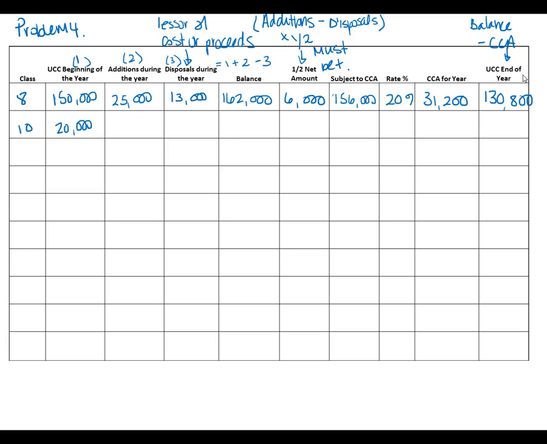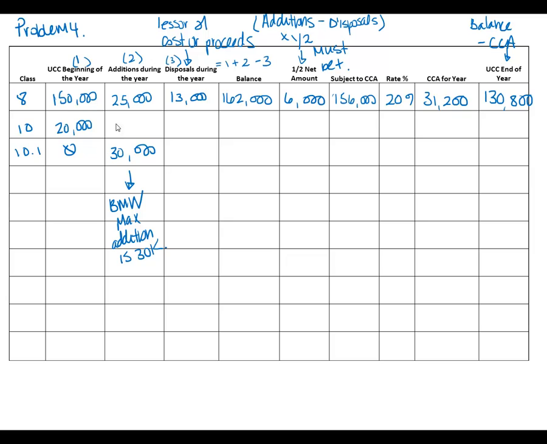Now let's talk about the class 10. So you'll notice that I had two vehicles I purchased, a BMW and a Corolla. Well, we've talked about how that BMW is going to be a class 10.1 with a max addition of $30,000. So this is the BMW, and the max addition is $30,000.